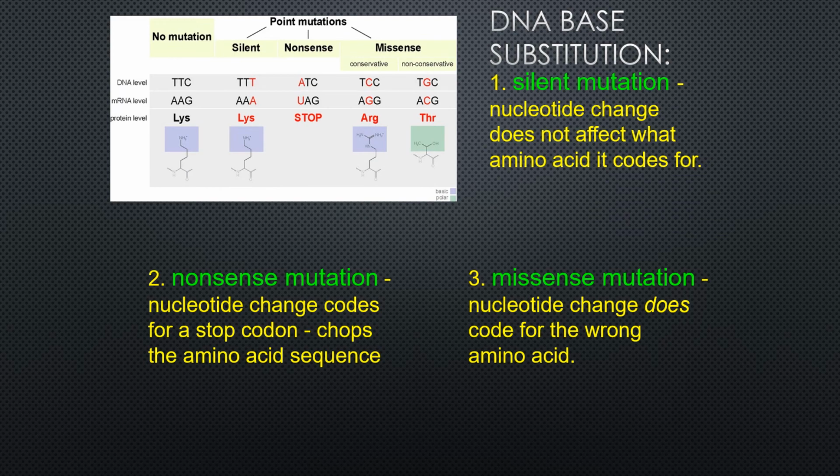So the way we can look at this is with the DNA substitution, we have a silent mutation where the nucleotide change doesn't affect what amino acid is coded for, a nonsense mutation where the nucleotide change codes for a stop codon and chops the amino acid sequence, or we can have a missense mutation where the nucleotide does code for the wrong amino acid, completely messing up the protein.